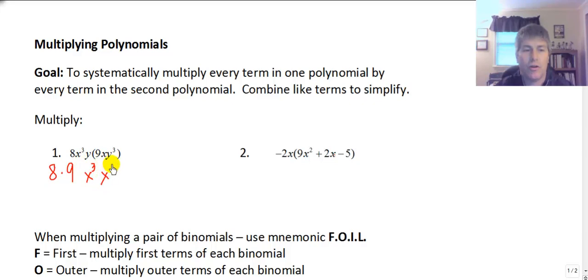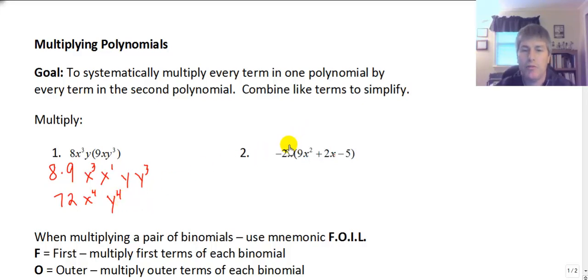So x to the third and x to the first, and y cubed. Then we can apply our laws of exponents to these variables. So 8 times 9 is 72. X to the third times x to the first: power times a power, we add our exponents. So we get x to the fourth, and then y to the fourth.